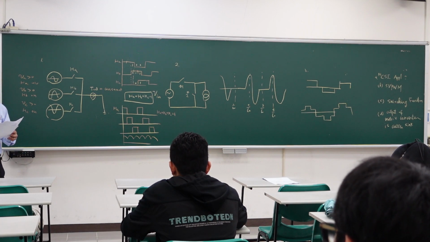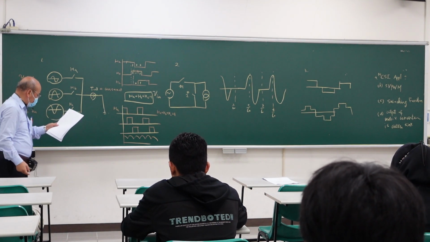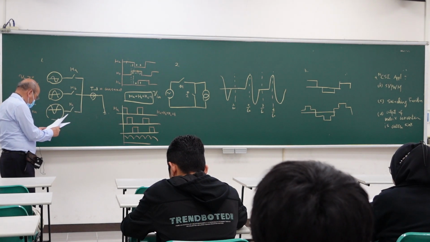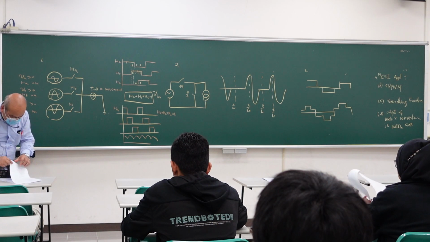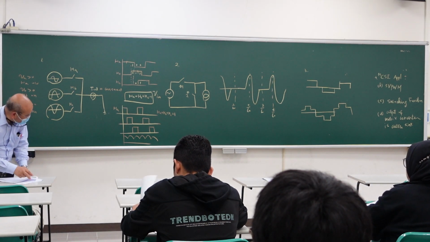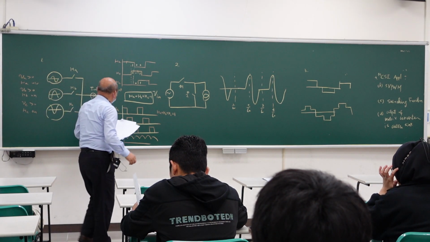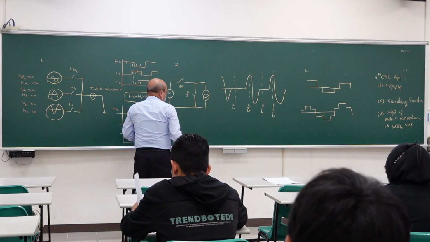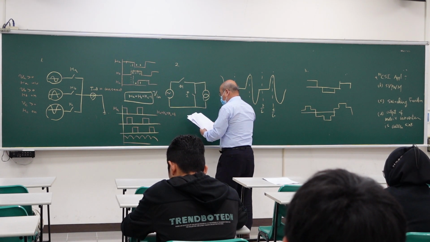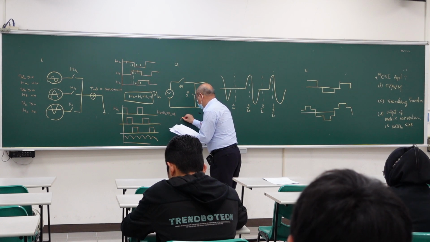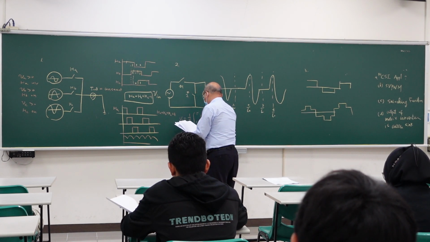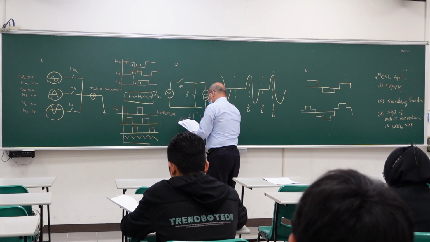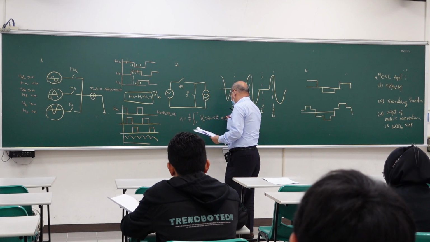So assume VA, VB, VC, and please compute the output value of V out. So we can compute V out. So what is V out?